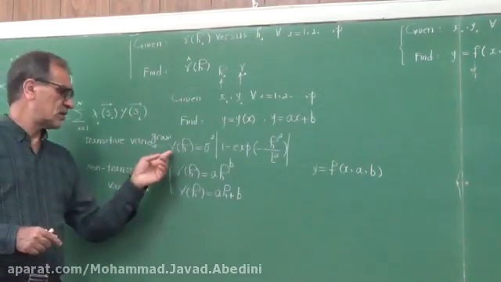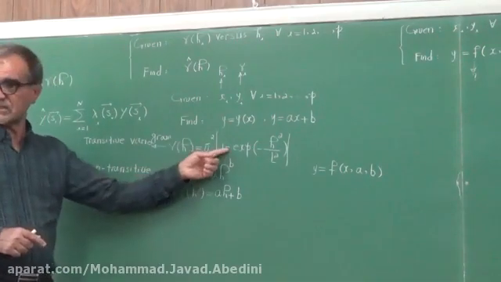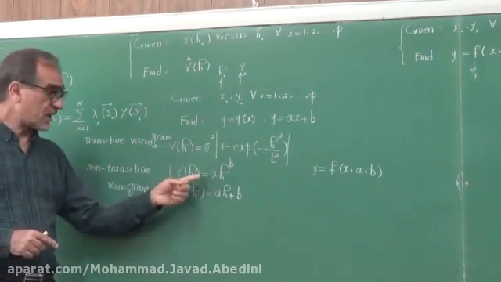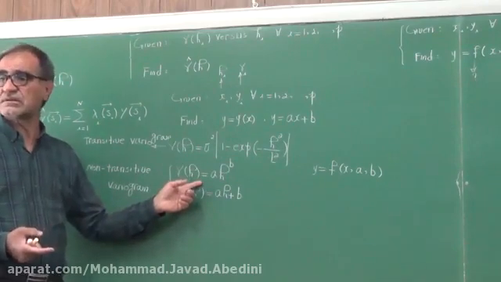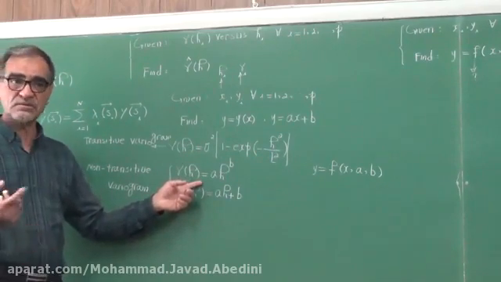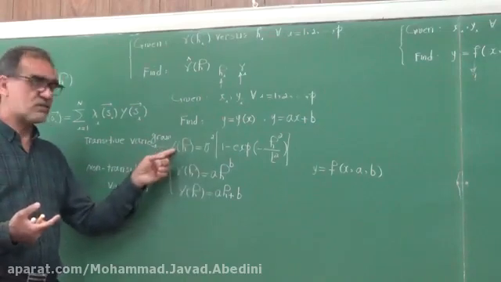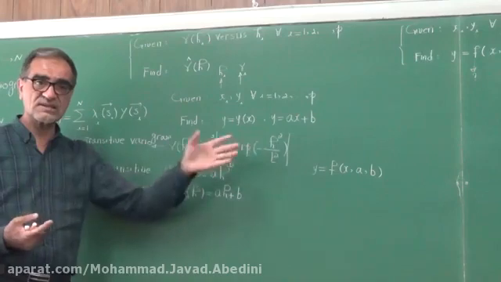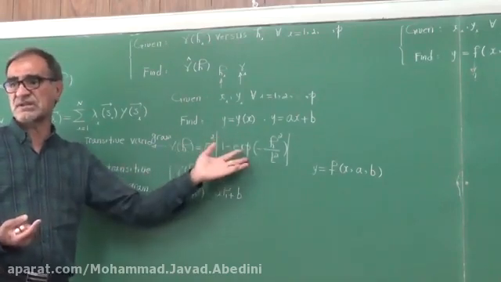Here, the graphical representation of this is not linear. Can you follow? If you draw this gamma on y-axis, this h on x-axis, the graphical representation of gamma versus h is not linear.